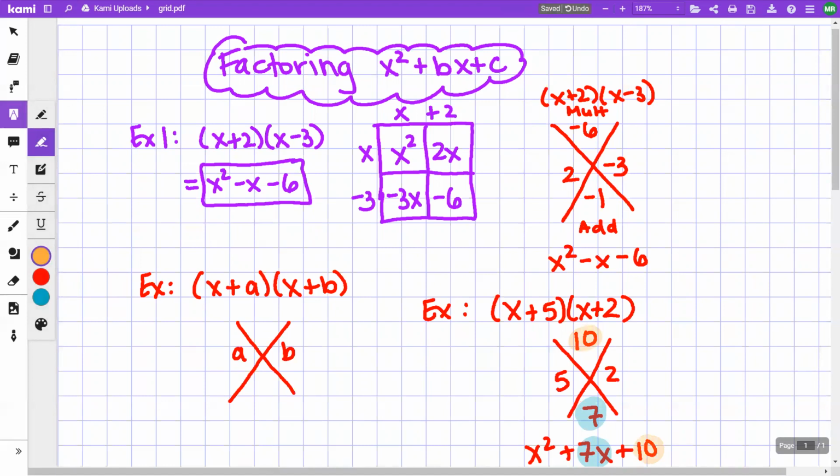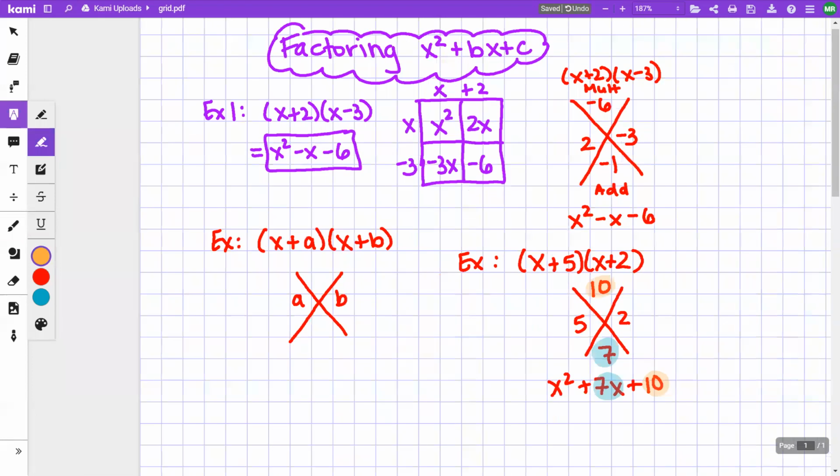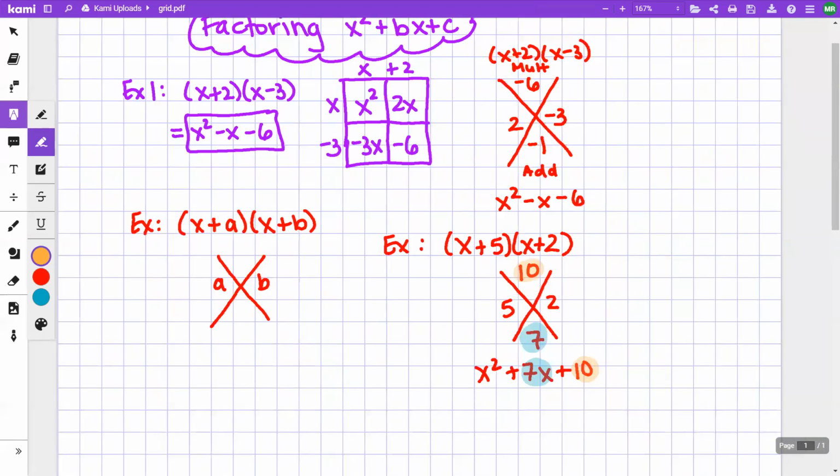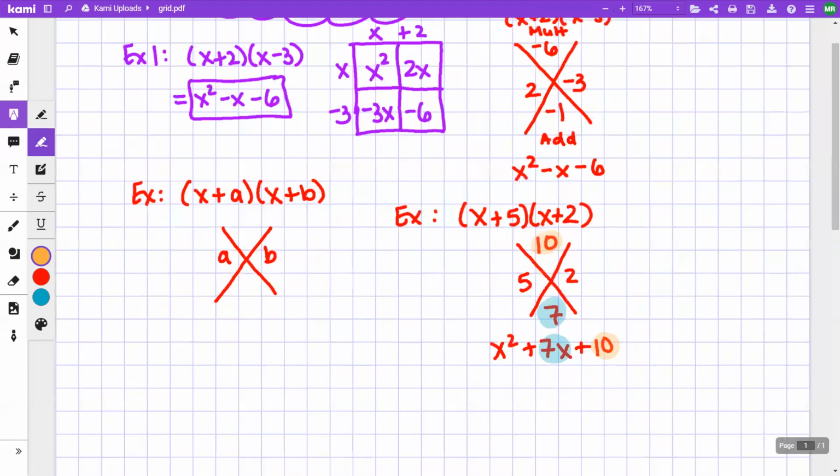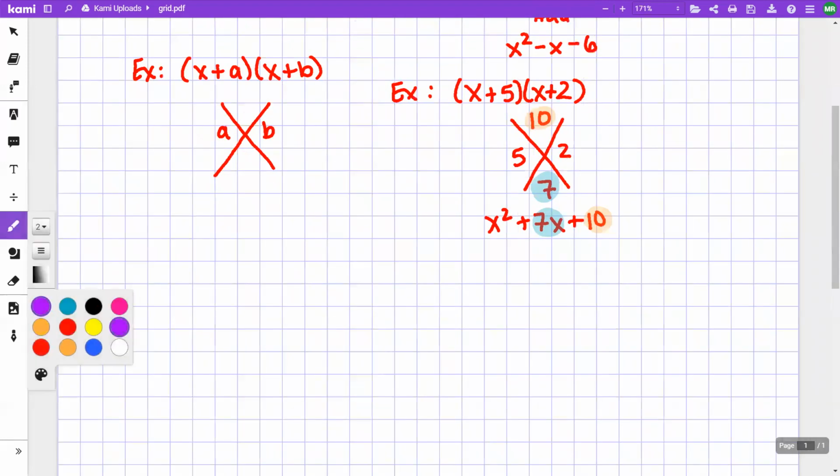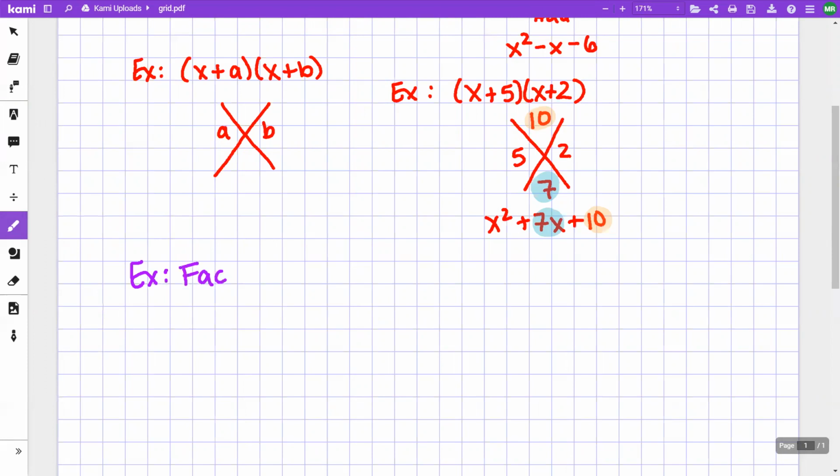So what we're going to be doing is something called factoring, and we're going to go the other direction. If we are going to be factoring something like this, they ask us to factor x squared plus 4x plus 3. In this case, I don't know the sides, I know the top and the bottom.